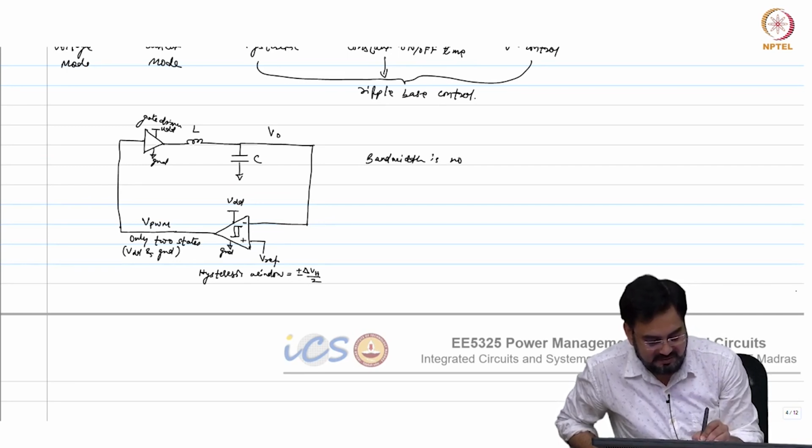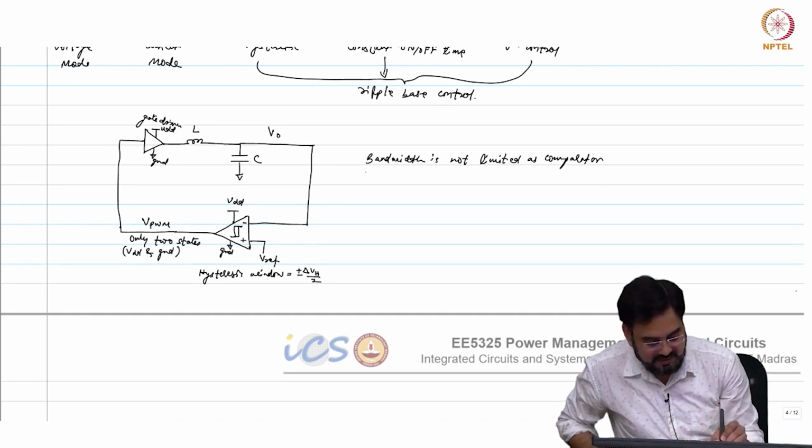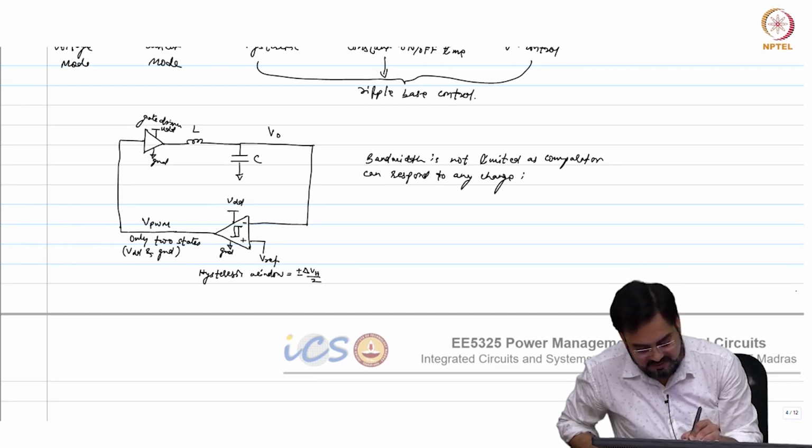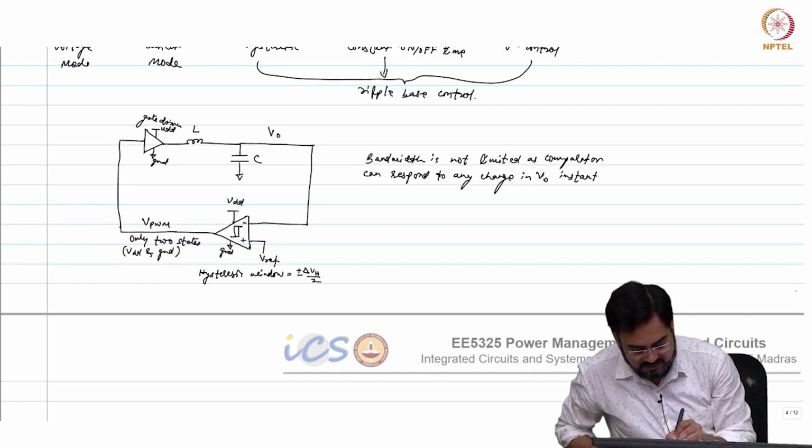Okay. So bandwidth is not limited, as the comparator can respond to any change in Vout instantaneously.